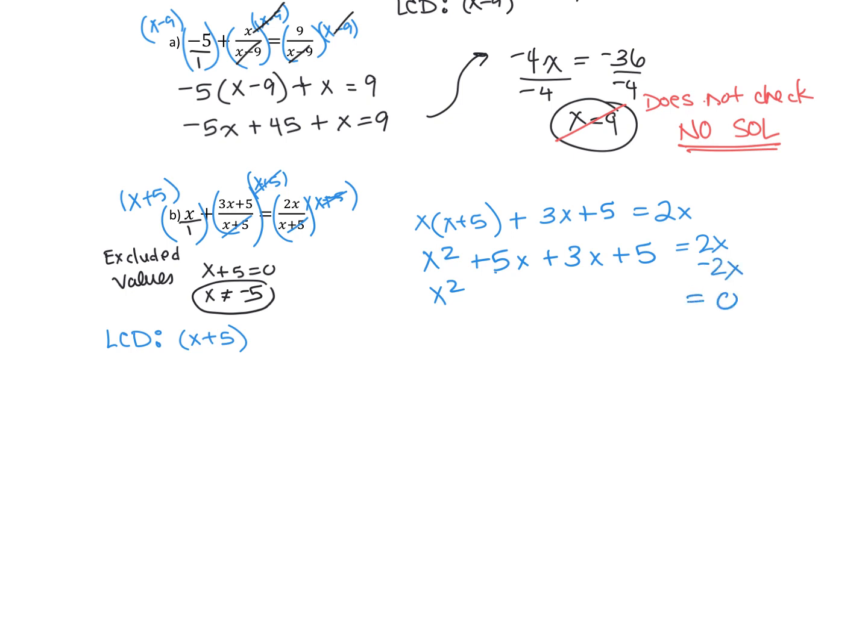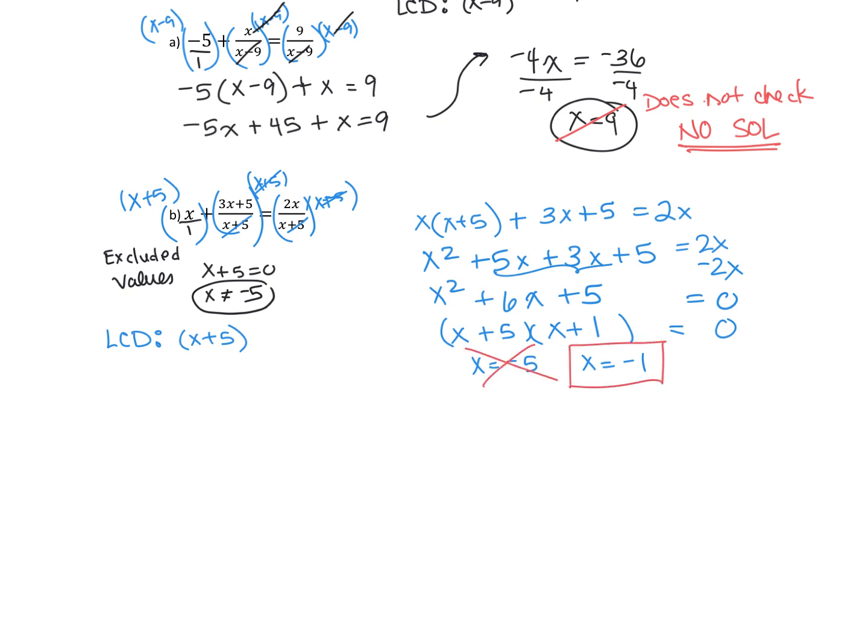So we have 8x on this side, and we're going to subtract 2, 6x plus 5. This is a quadratic, and it factors as x plus 5 and x plus 1. So our two solutions are x equals negative 5 and x equals negative 1. And because negative 5 was an excluded value, our only solution is x equals negative 1.